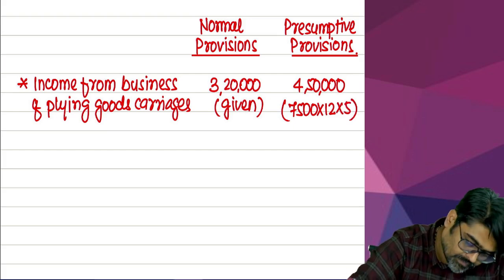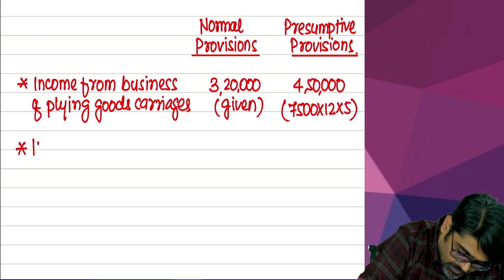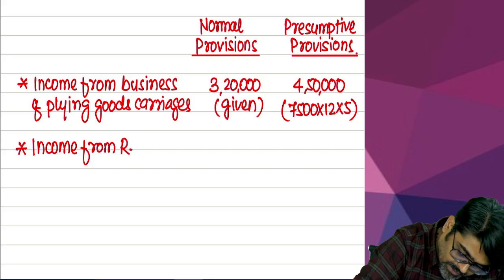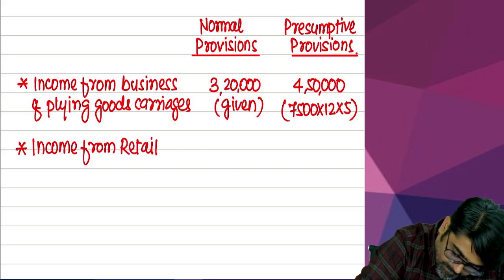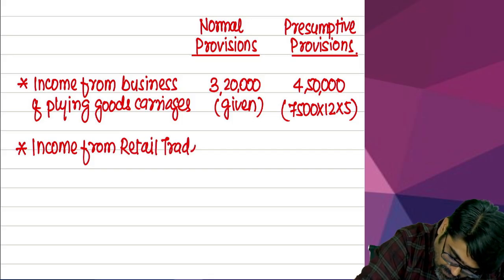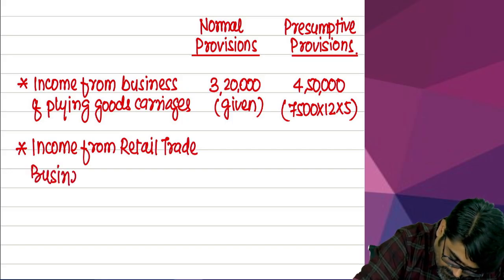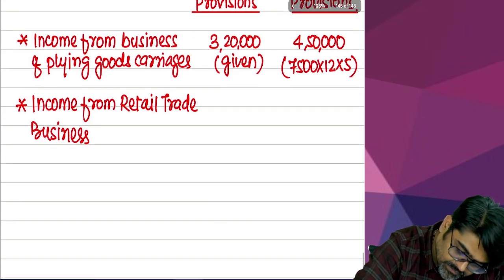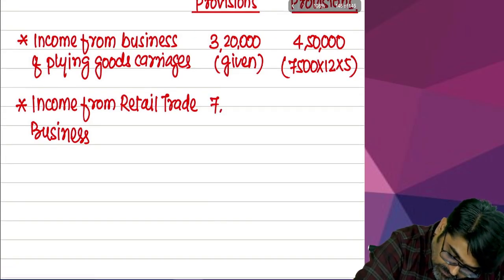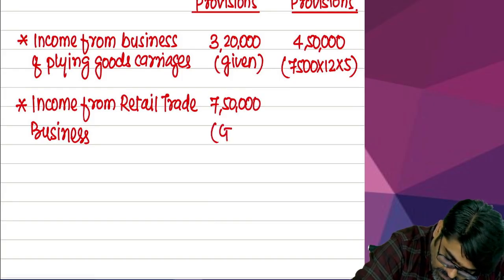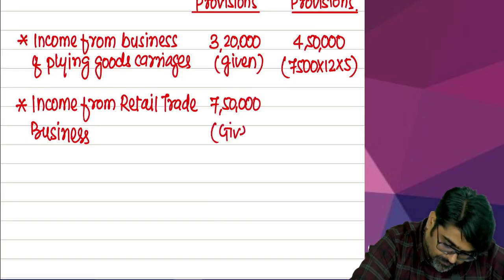Done, sir? Now income from retail trade of garments, no? Retail trade business. As per normal provisions it is 7,50,000. Yes or no? This is given.